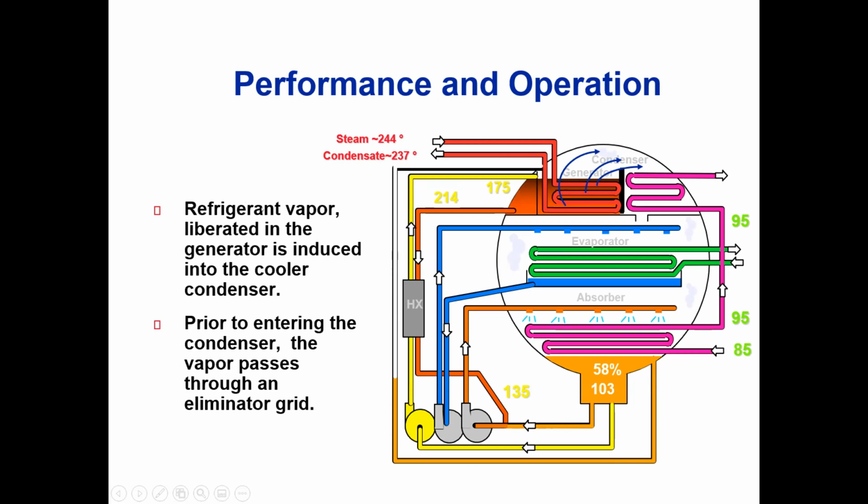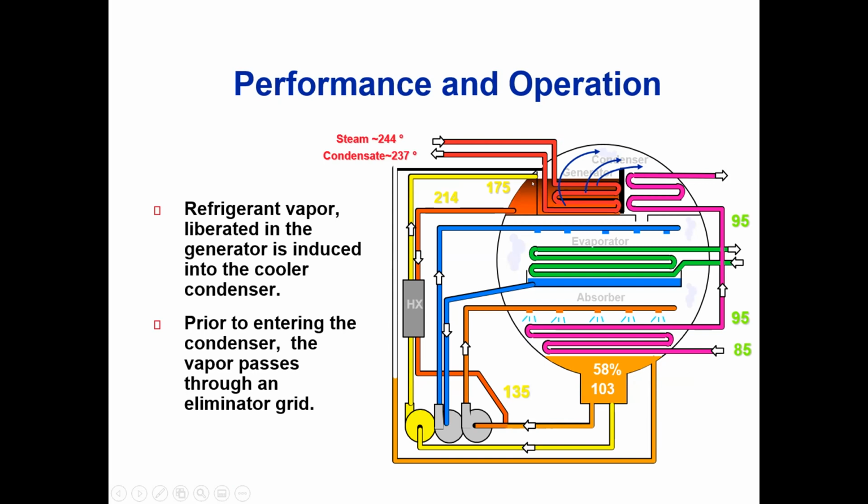So let's see what it says here. Refrigerant vapor liberated in the generator is induced into the cooler condenser. Prior to entering the condenser, the vapor passes through an eliminator grid. I guess for some filtration or additional pressure drop, a number of reasons for the grid.